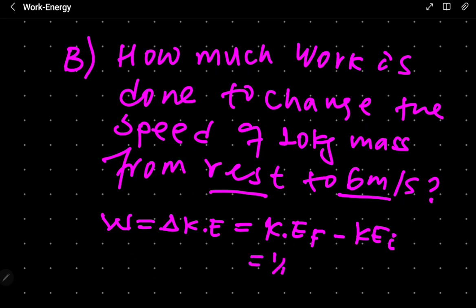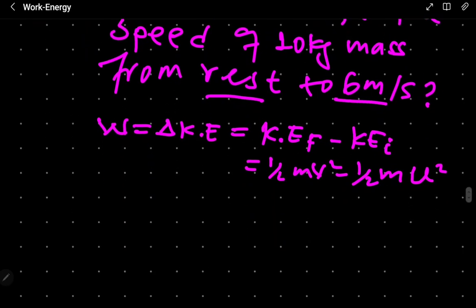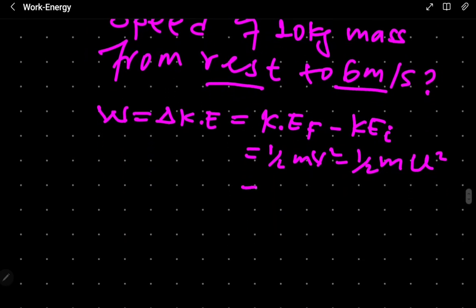This is the same as 1 over 2 times the mass times V final squared minus 1 over 2 times the mass times the initial speed squared, U squared. So you can take half the mass as common. The work done is equal to half of the mass times V squared minus U squared.